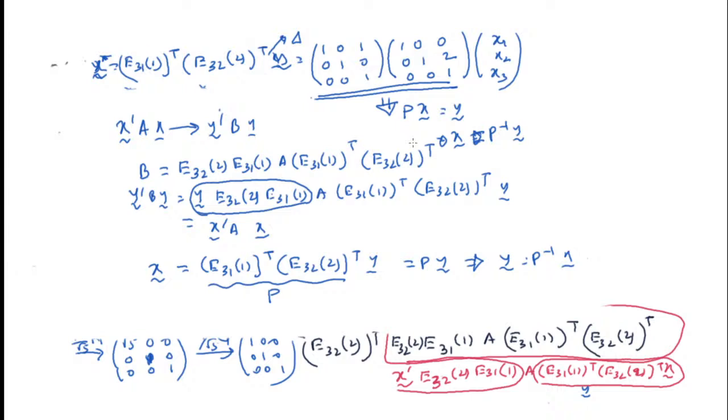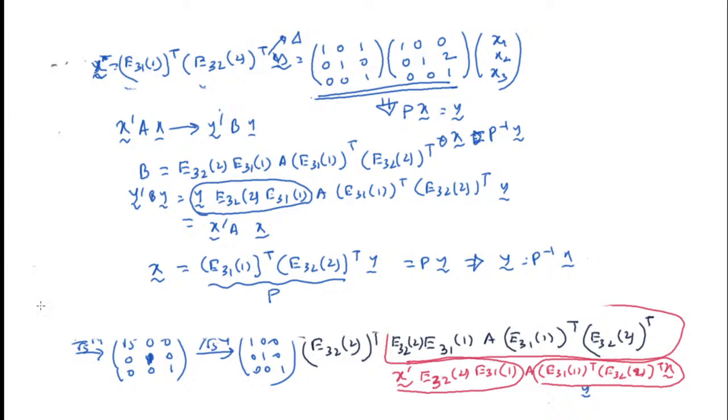Just look at this thing, then you can easily see that this is nothing but P x curl equal to y curl, and x curl is P inverse y curl. Oh, sorry.